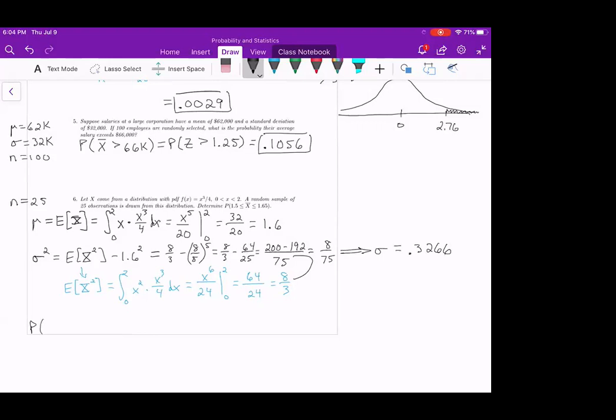So, probability that x bar is between 1.5 and 1.65 is the same as the probability that z is between, and we're going to get the 2 z-scores, one for the left side, one for the right side.